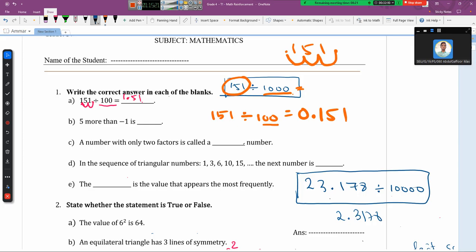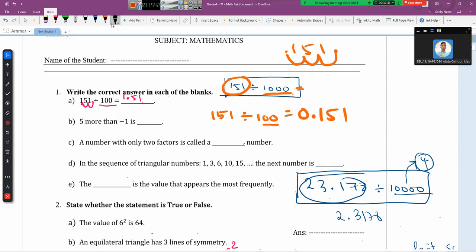You have literally divided this number by 10, not by 10,000, right? So now what you should think is, in 10,000 how many zeros do we have? 4. So you have to move the decimal point 4 digits forward, right?